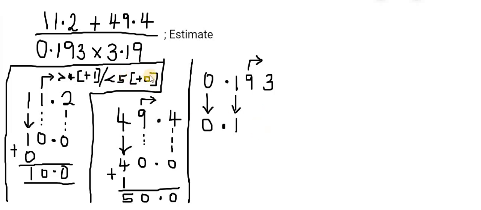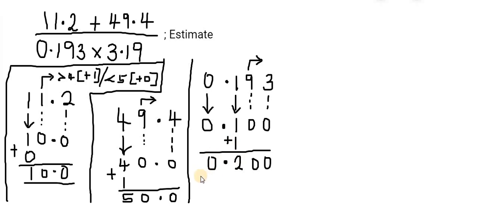If it's less than 5, we add 0 to the previous number. 9 is greater than 4, we add 1 to the previous number. The remaining numbers we convert to zeros. Complete the addition. That's 0, 0, 1 plus 1, that's 2. Bring down our point, so that's 0.2.